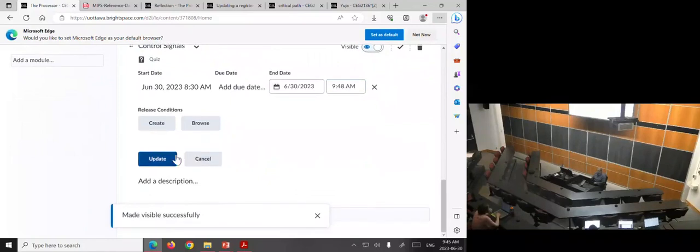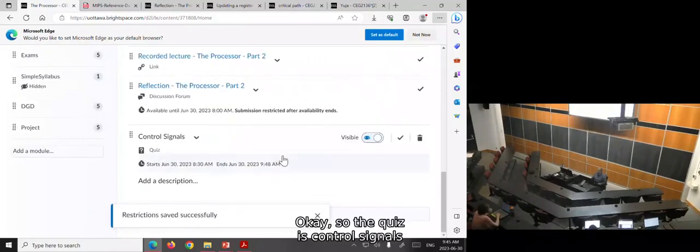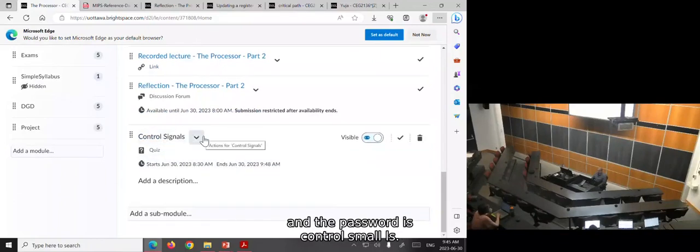The quiz is control signals, and the password is control, in small letters.